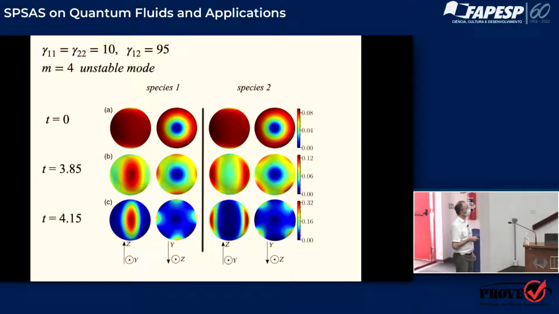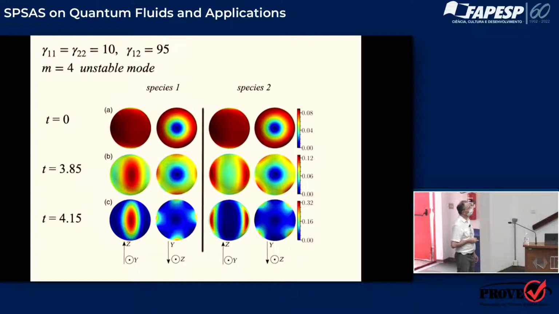Here at the North Pole there is a vortex, and here is an anti-vortex. Here you are looking from the North Pole in the second right column, and in the third column you have the second species, and here you have the vortex case in the second species. So these are density plots.